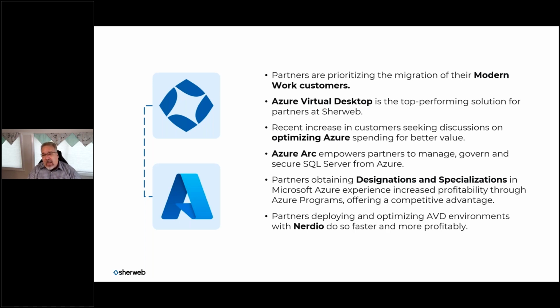Azure Arc, I want to be sensitive to time here because I know I've got a few more slides, and we've got less than half an hour. Azure Arc is a great way to help if you have customers that have legacy operating systems and you're looking for ESUs, service packs for security.